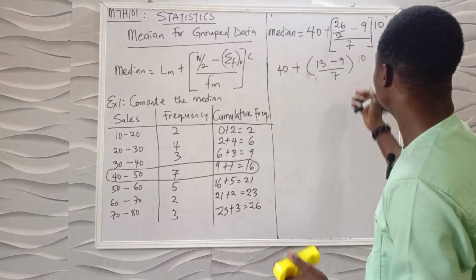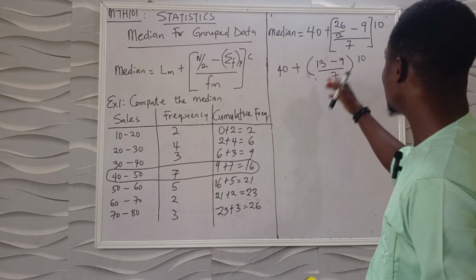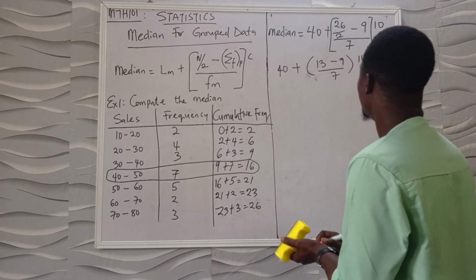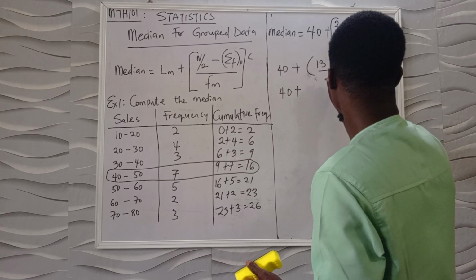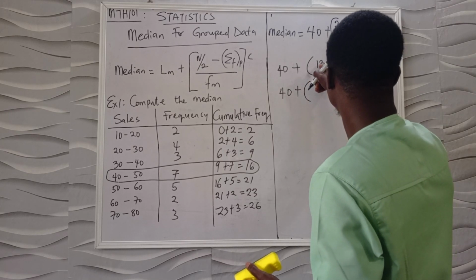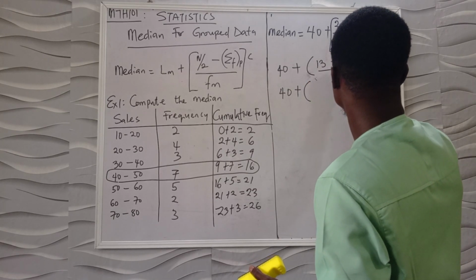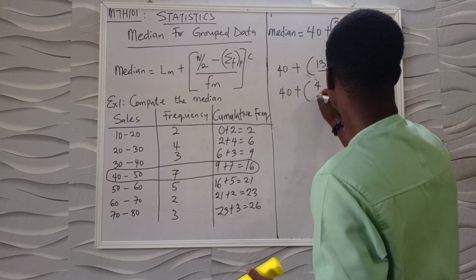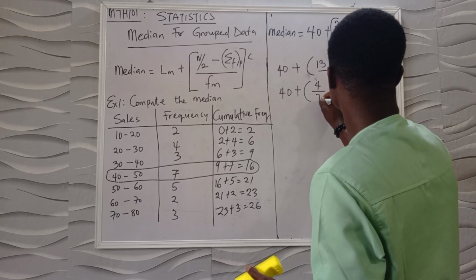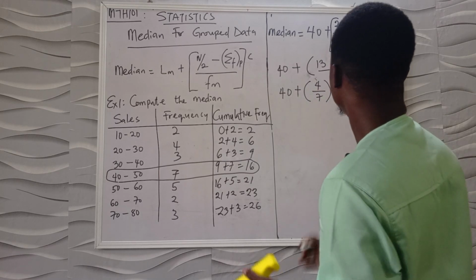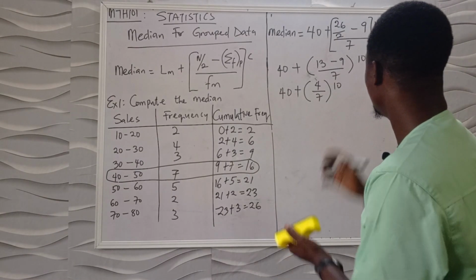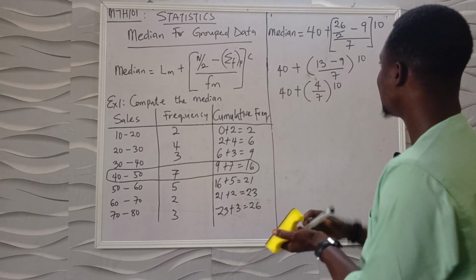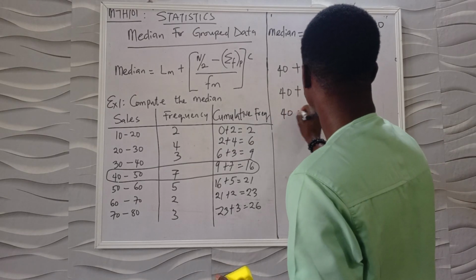It's a very simple topic. So once we do this, we are going to be left with what? 40 plus, so 13 minus 9 will give us 4 all over 7. Let's multiply this.